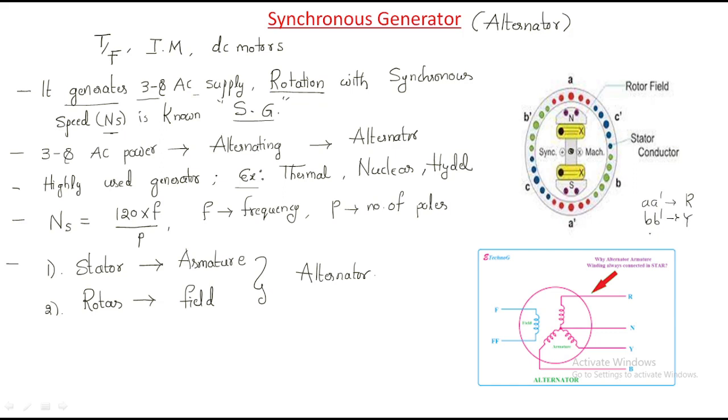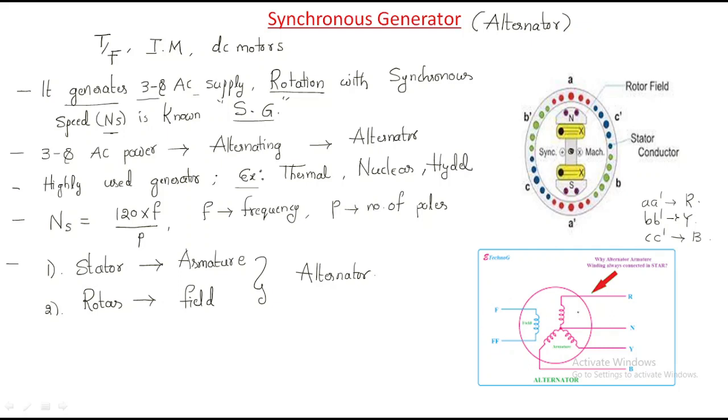C dash generates the B phase. In three phase we have red, yellow, blue: one phase each. For three phases we have three different winding arrangements to collect the power. This is the alternator.